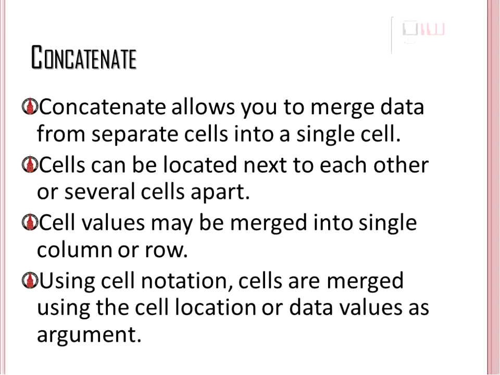Basically what that means is that using the concatenate function, I can, for example, put the PITM number and the name together. So I'm going to take three cells, first name, last name, and PITM, and put them into a single cell.